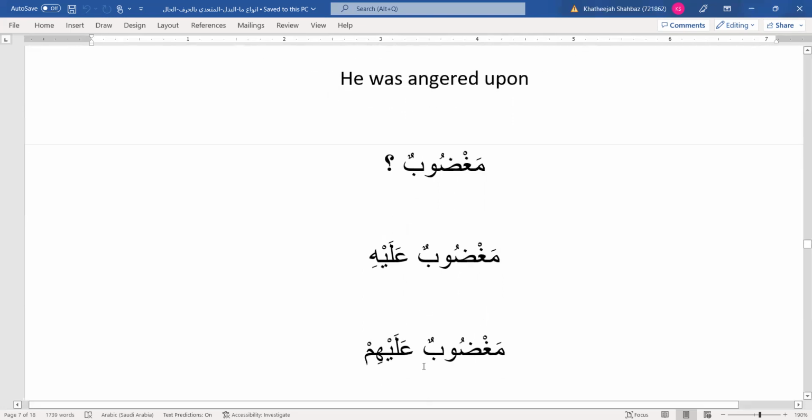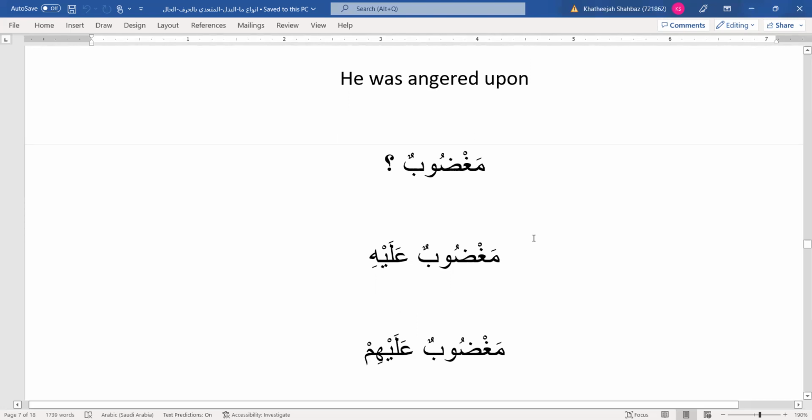Those who are angered upon will be maghdubun alayhim. The words maghdubuna or maghdubina don't exist in the Arabic language. Maghdubun alayhim is what its meaning is, those who are angered upon.